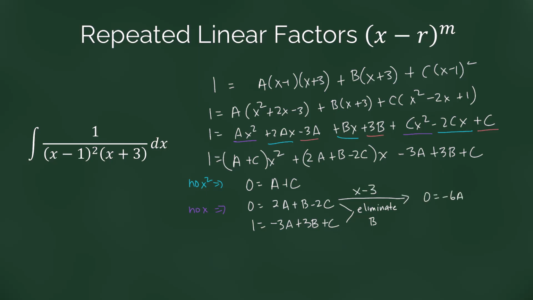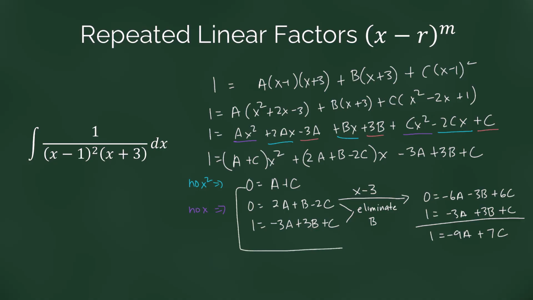And that's going to give me 0 equals negative 6a minus 3b plus 6c. I don't need to change the bottom equation. I get 1 is negative 3a plus 3b plus c. And when I add those together, I get that 1 is equal to negative 9a plus 7c. The b term went away.